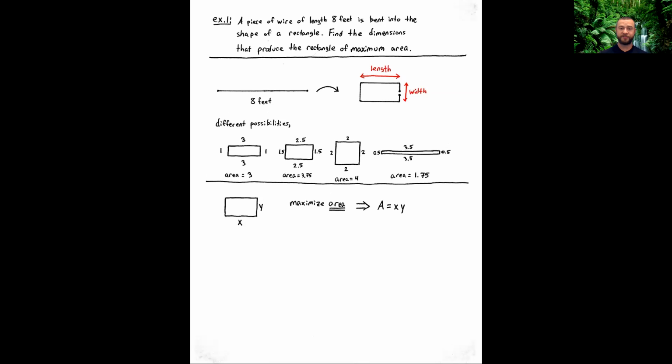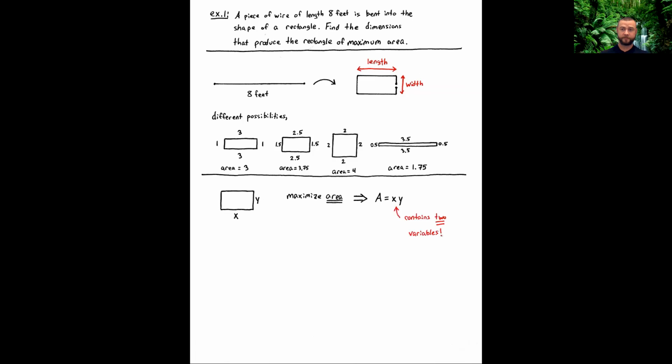Now, how does that help us? Well, with our variables x and y, how would we define the area of that rectangle? Well, that's simple. Once you have the length and width, you just multiply them to get the area. So our area equation is A, the area, equals x times y.